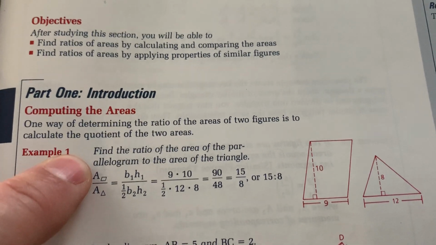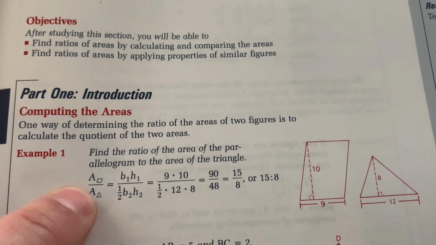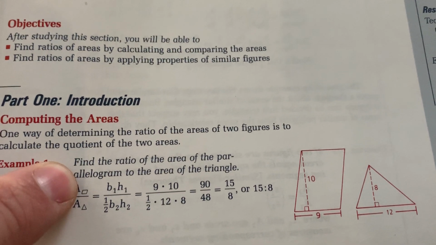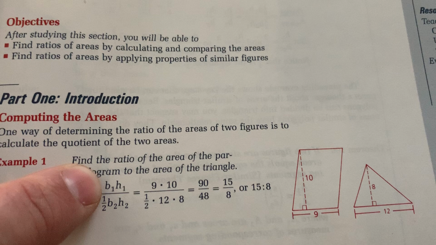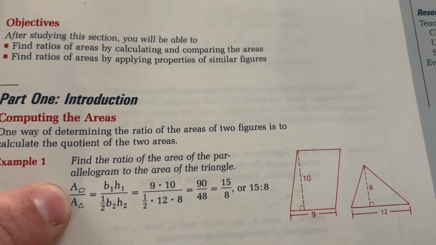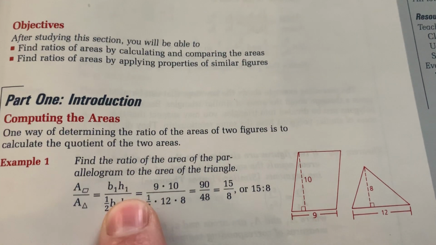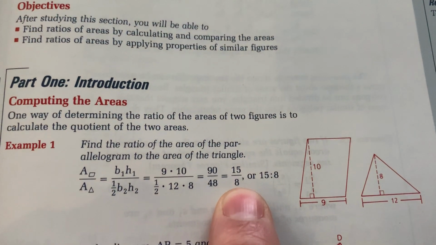And so the area of the parallelogram over the area of the triangle, we can replace those with the actual value of the area. Since it's a parallelogram, it's base times height. Since it's a triangle, it's 1/2 base times height. And we can replace those values with what's given, figure out the quotient, simplify.